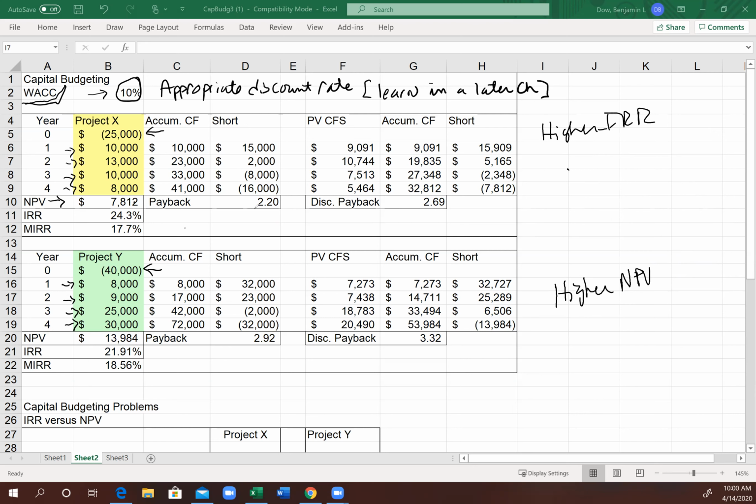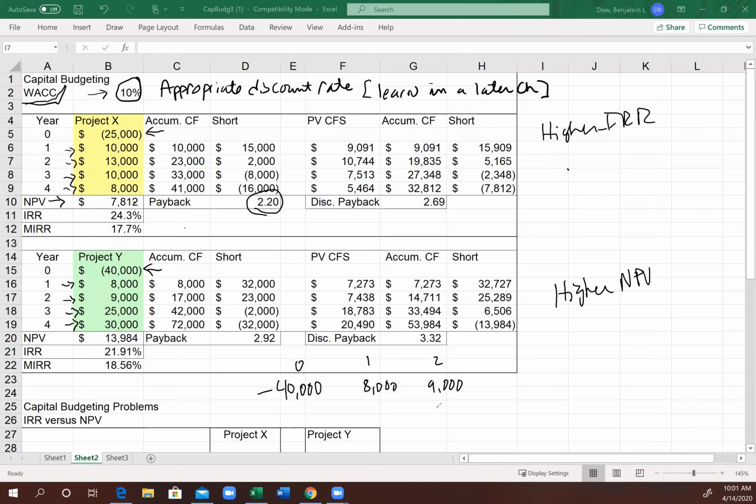We calculated the payback period as 2.2 years for project X. If you calculate it for project Y, remember we started out with 40,000 as our upfront cost. We get back 8,000 in year 1, 9,000 in year 2.